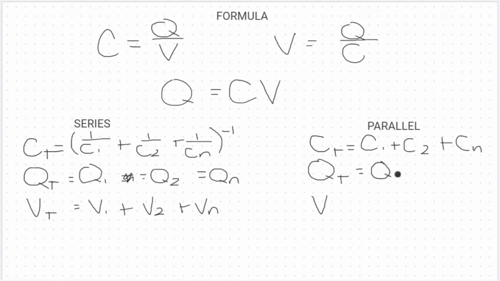So it's Q1 plus Q2 plus Qn. However, for our total voltage, it's simply just the equal of all voltages. So total voltage is equal to V1, is equal to V2, and so on.